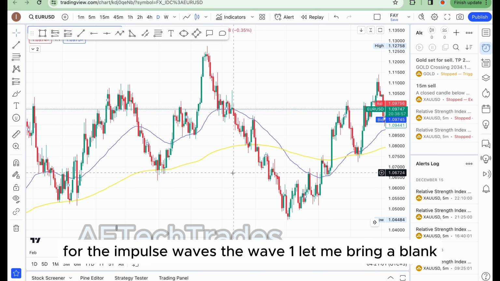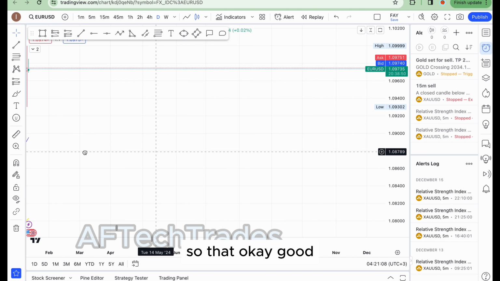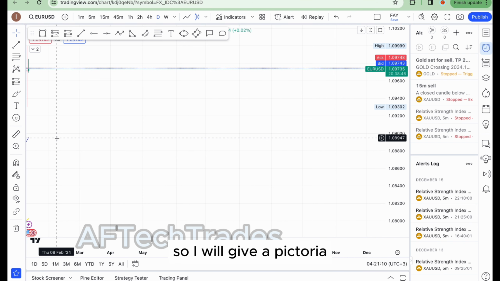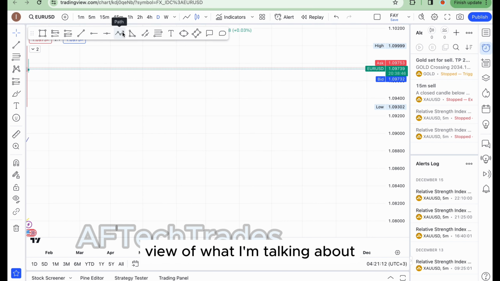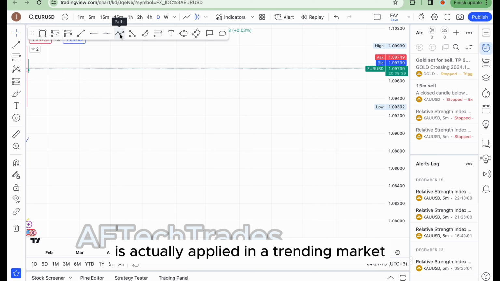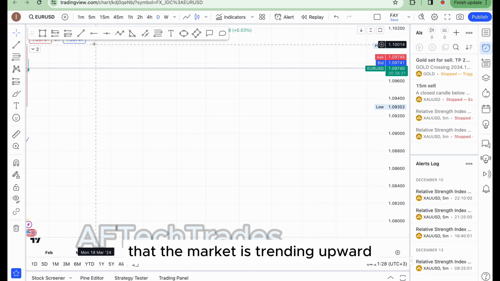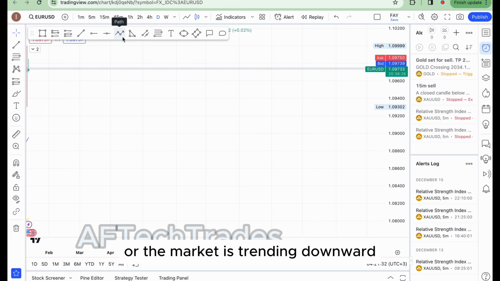So for the impulse waves, the wave one, let me bring a blank slide, so that I can give a pictorial view of what I'm talking about. This wave theory is applied in a trending market. We have to know this, that it is applied only in a trending market, either trending upward or trending downward.